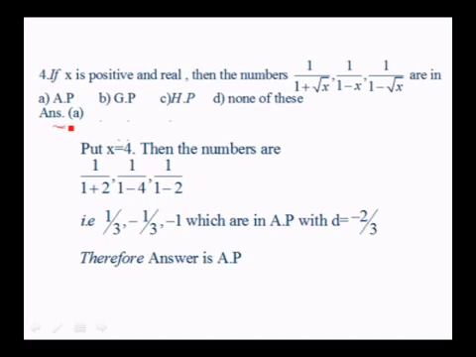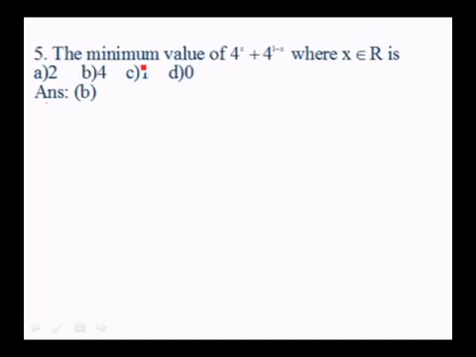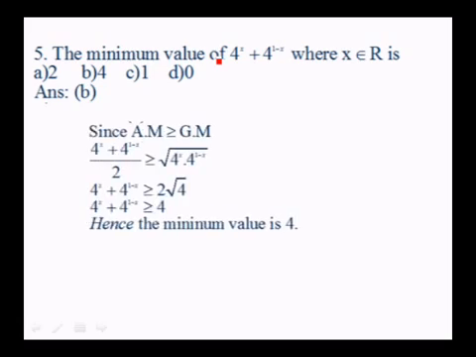So, the last question: the minimum value of 4 to the power of x plus 4 to the power of 1 minus x, where x belongs to R, is... Here we use AM is greater than or equal to GM. So 4 to the power of x plus 4 to the power of 1 minus x by 2 is the arithmetic mean of 4 to the power of x and 4 to the power of 1 minus x.